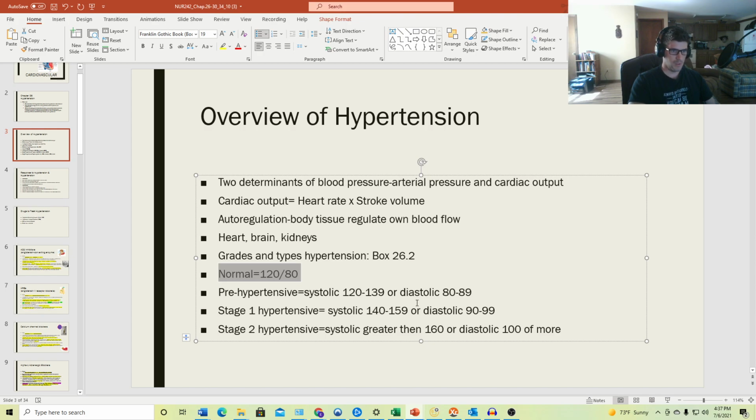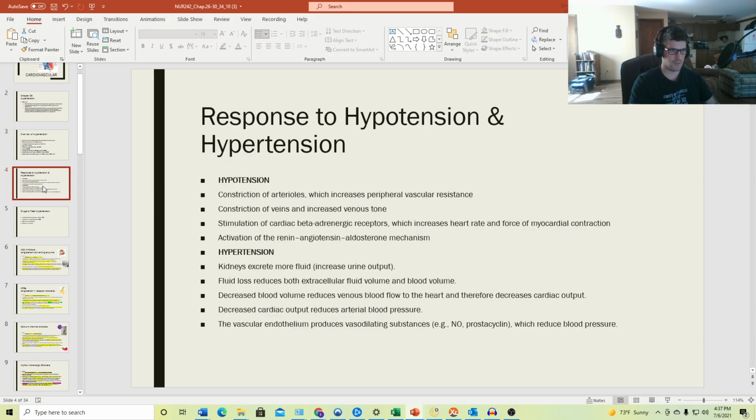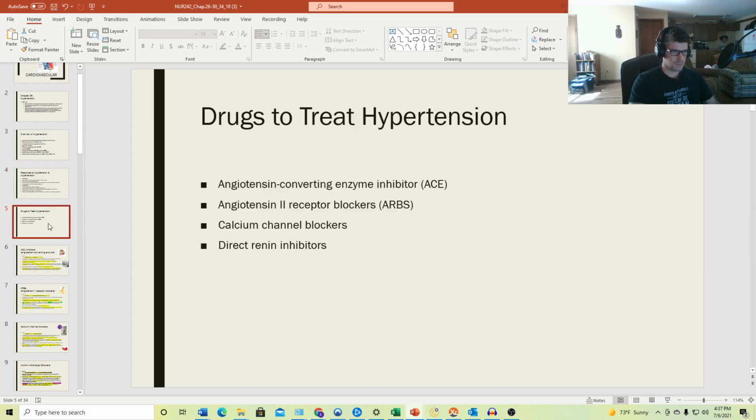So things that it's going to affect: heart, brain, kidneys. Lots of bad stuff happens from hypertension. I don't really think we need to know that. Really just focus on the medicine here, so skip that. Okay, so here are our main classes of drugs that we're going to use to treat hypertension.